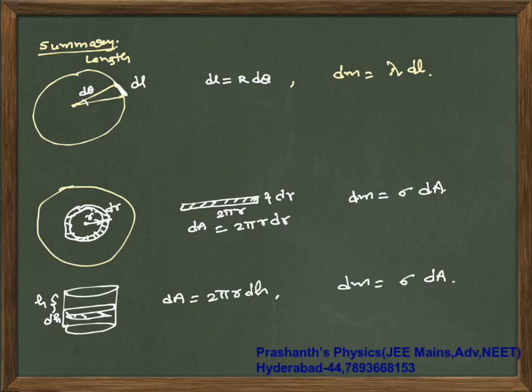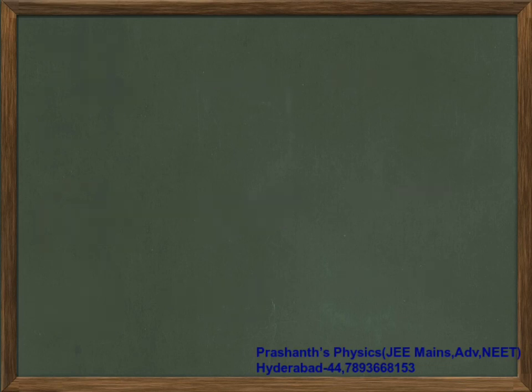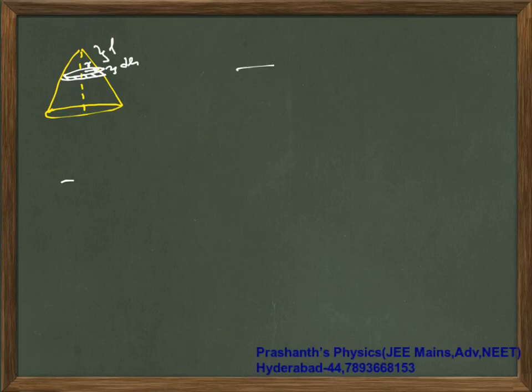And in situations where there is a hollow cone like this, you take a small strip here. This small strip will have radius r, length l, dl. Small area dA is, if you cut that patch and stretch it like this, 2 pi r into dl. So small area dA is 2 pi r into dl.